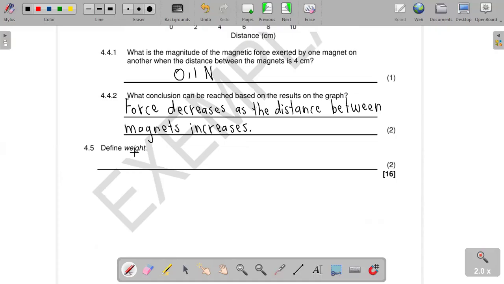Define weight. So what is weight? Weight. So weight, okay, let me write it here since it's the last one.